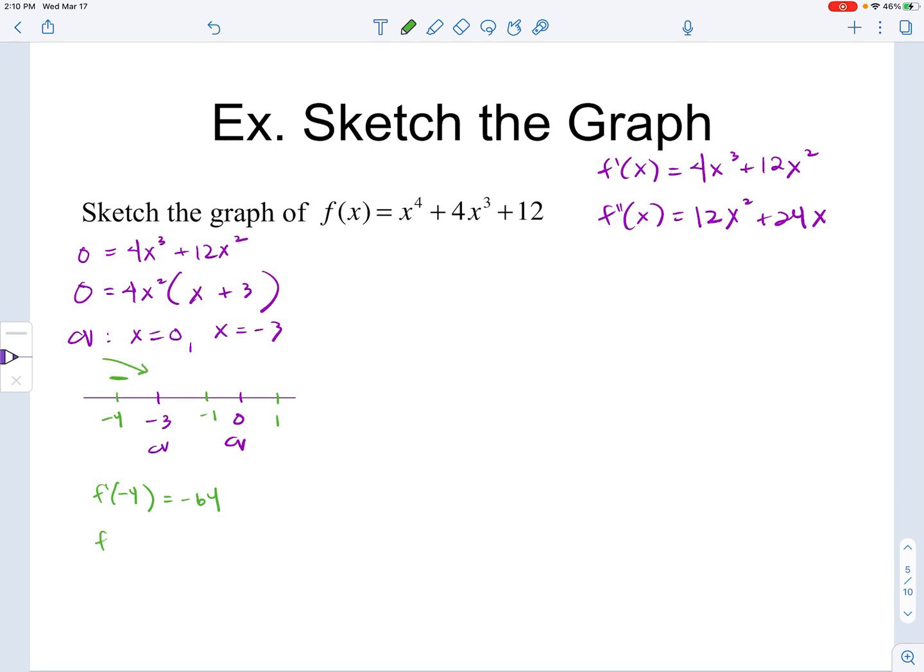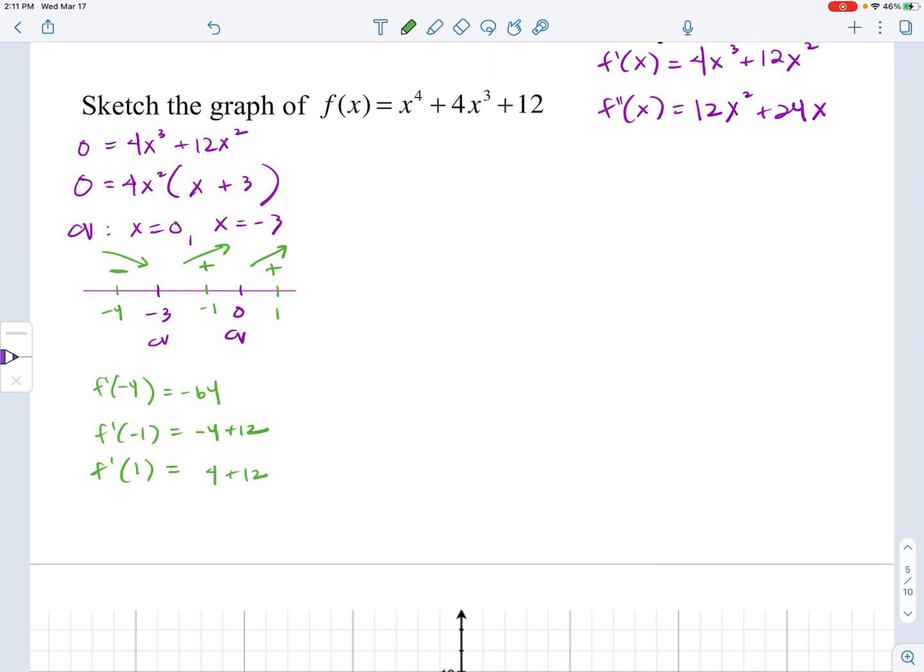So f prime of -4 is -64. So we go from decreasing. F prime of -1 would be -4 plus 12, so it'll be a positive value. F prime of 1 would also end up being a positive value because it would be 4 plus 12.